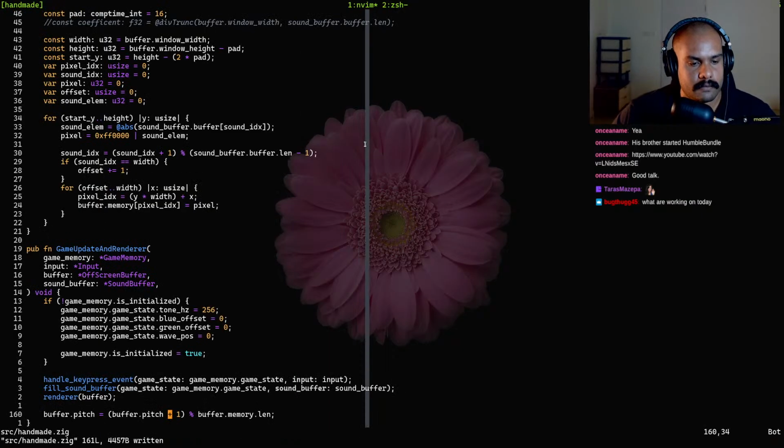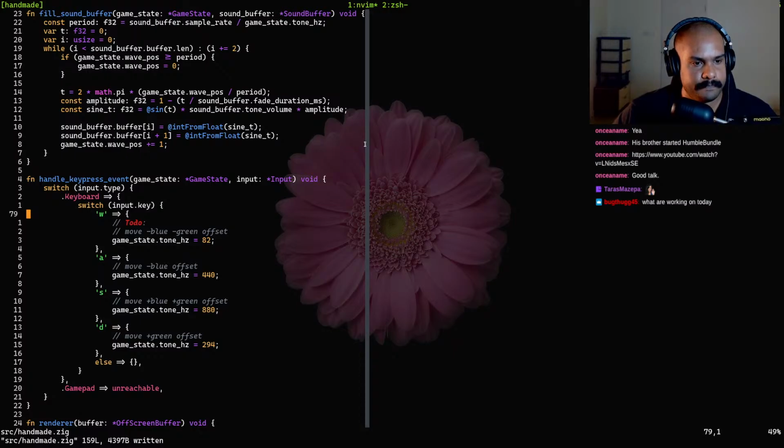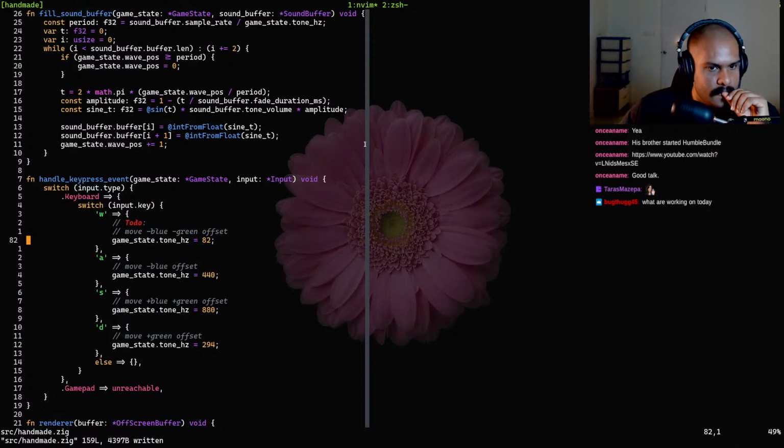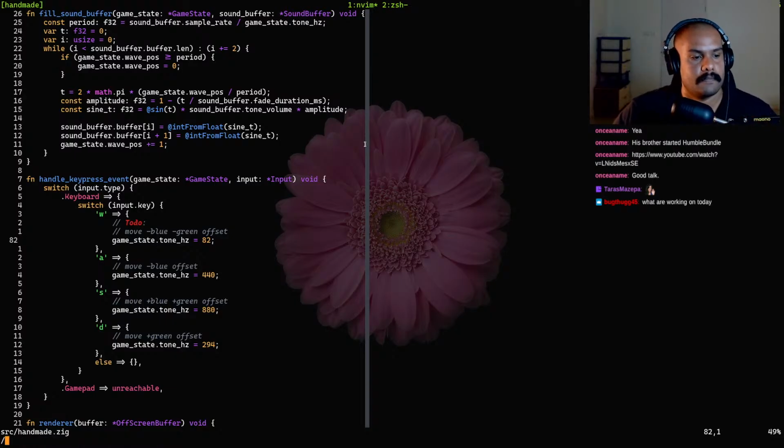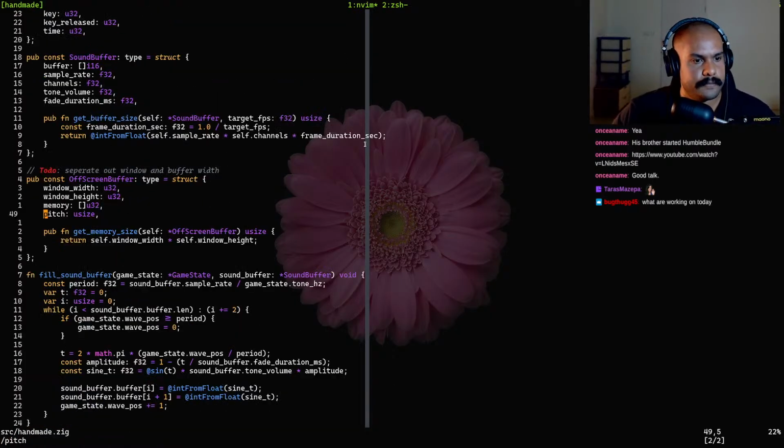Oh, I know. I can map it to the key. Pitch. Let's make this I32.